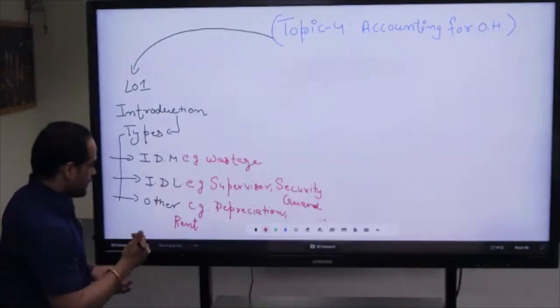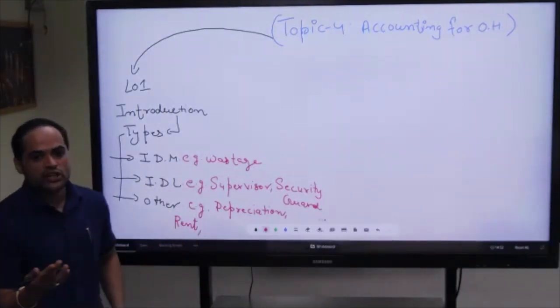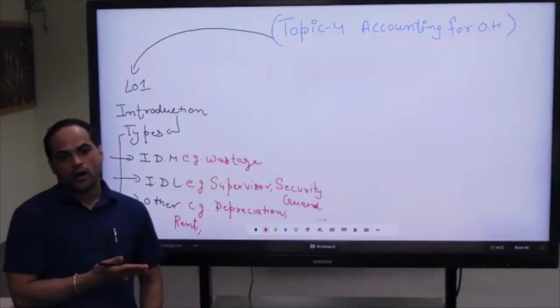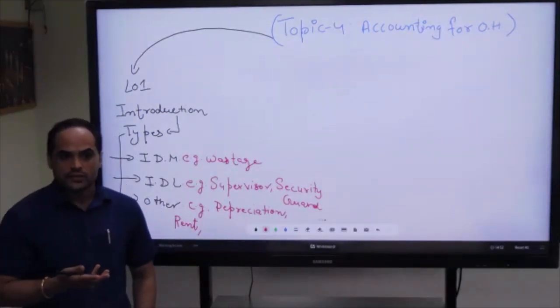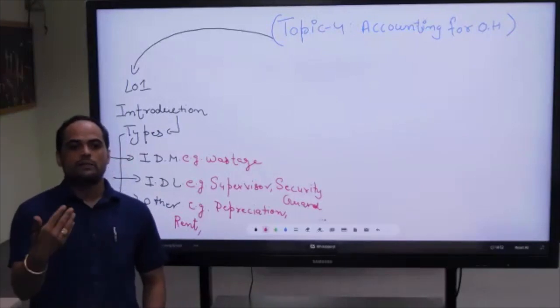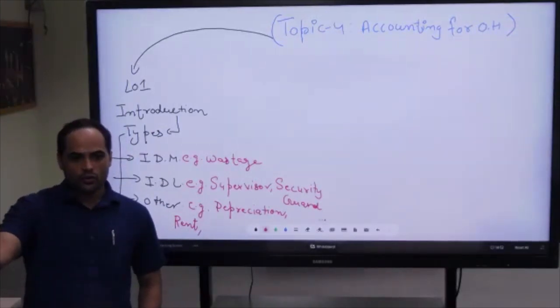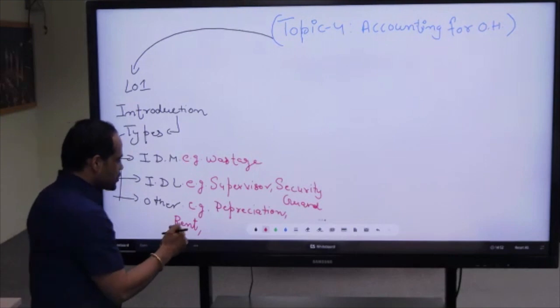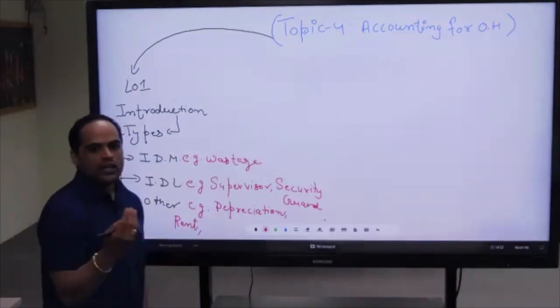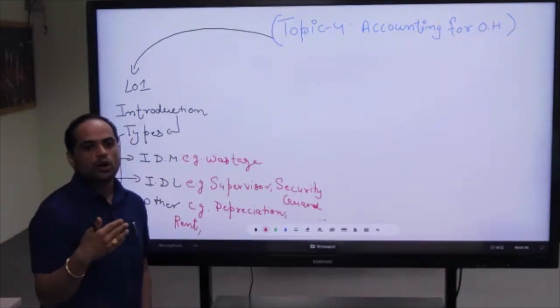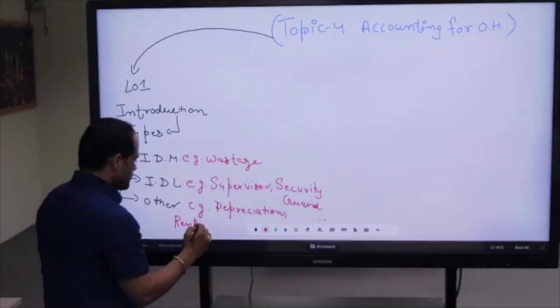Right? Next, maybe we bought some insurance for our factory assets, all right? And we have to pay an insurance premium every month or every week or every period. So that insurance premium or insurance cost is also your other cost.